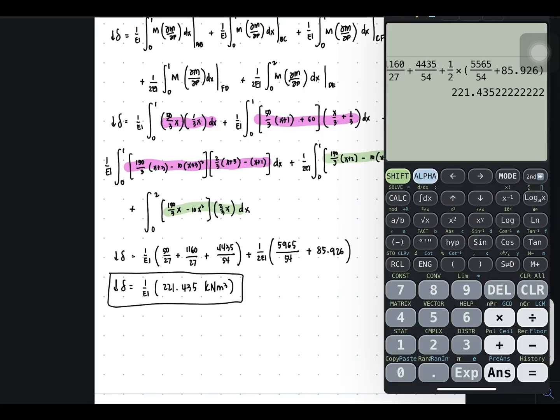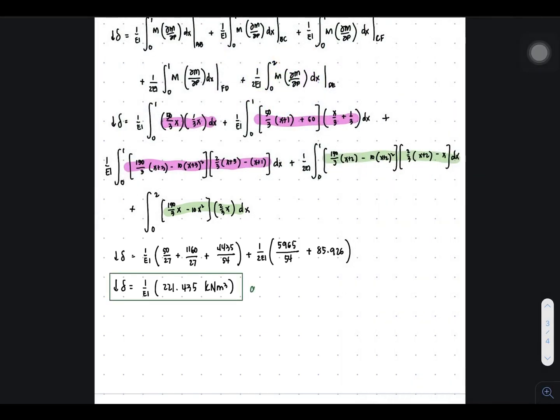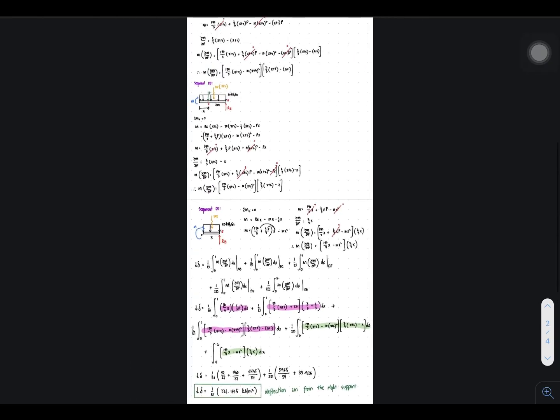This is now the deflection 2 meters from the right support. So this is the first part.